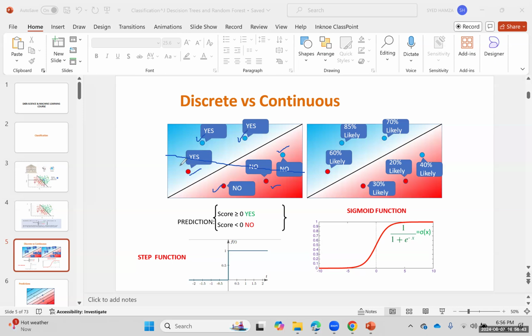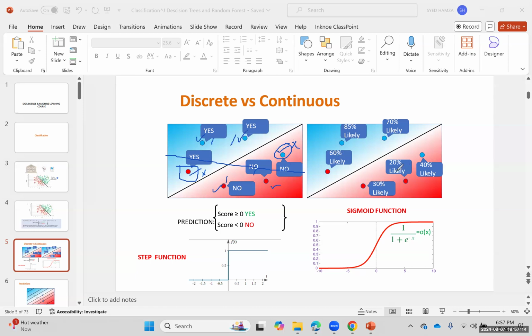So we know that this is originally a red dot, which means it belongs to the negative class, but it has been predicted in blue. Similarly, this one was actually a passing score, but has been predicted in the red region. So how many of them are correct? This has been predicted correctly, but these two are not. So you can say 4 out of 6 have been predicted accurately.